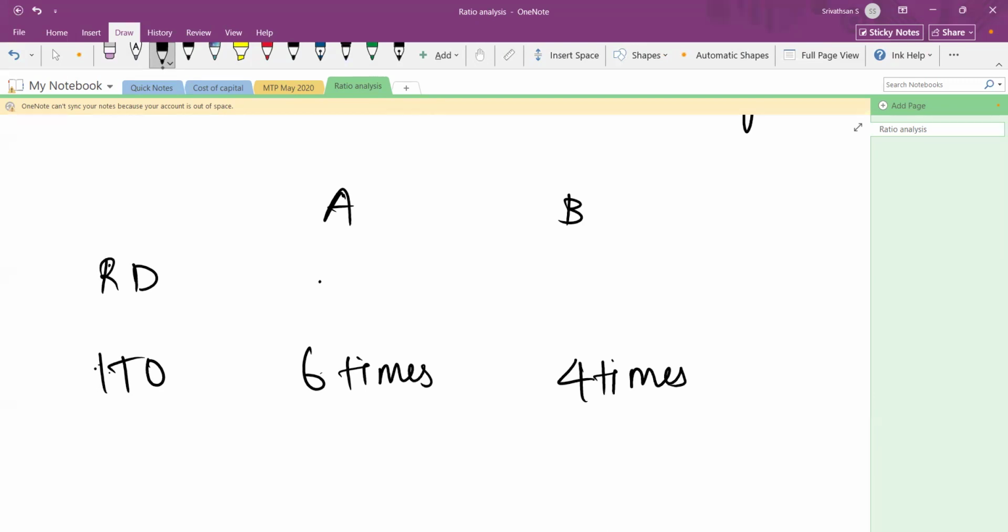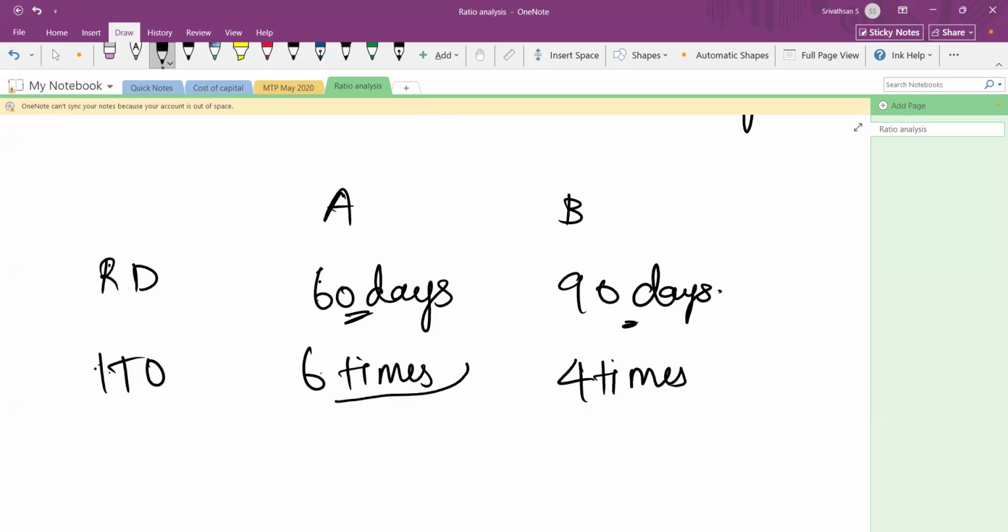Now, what are the receivable days here? 60 days and 90 days. Clear? Now, for A Limited, the customers are paying within 60 days, so they are converting their receivables into cash quickly. But for B Limited, it is taking 90 days to convert their receivables into cash. Which one is better? 60 days is better, which means that they are converting their receivables into cash at a faster pace.